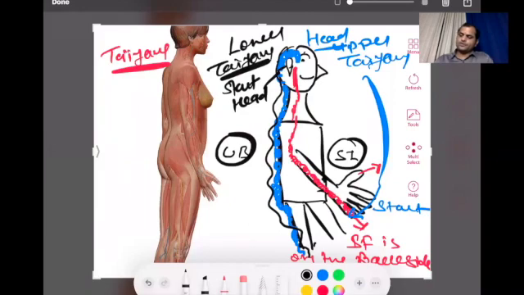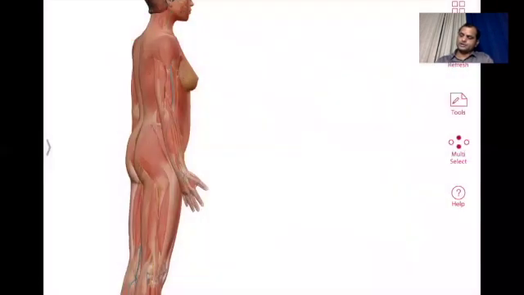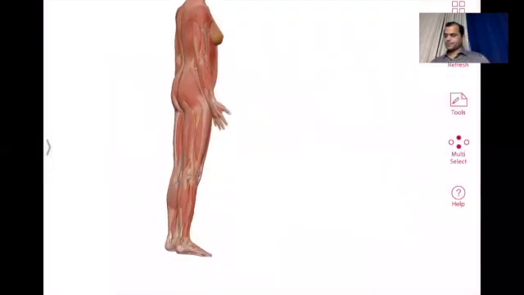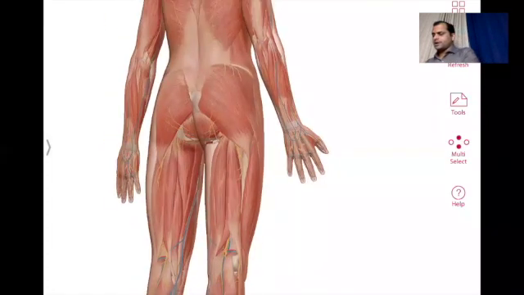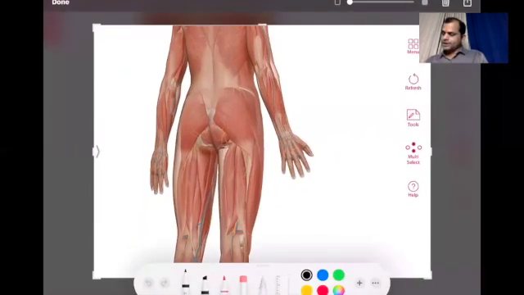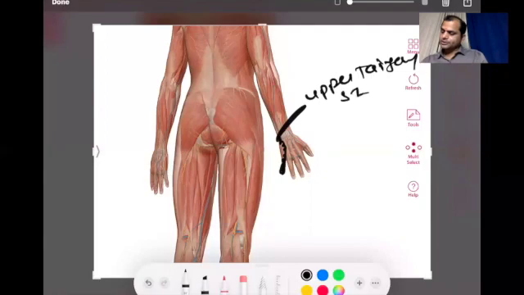And there is one very beautiful rule of the energy flow. The Tai Yang meridian, or upper Tai Yang, or the small intestine meridian, starts from the small finger.